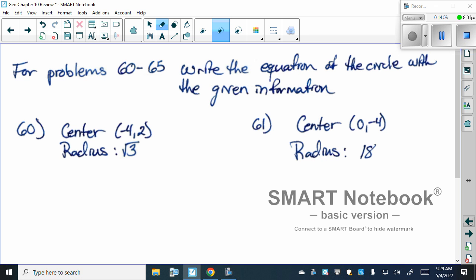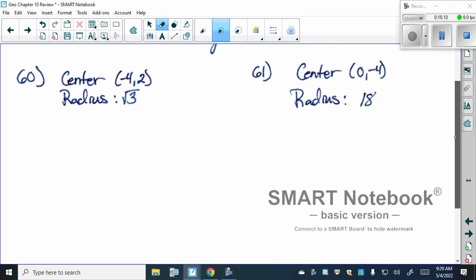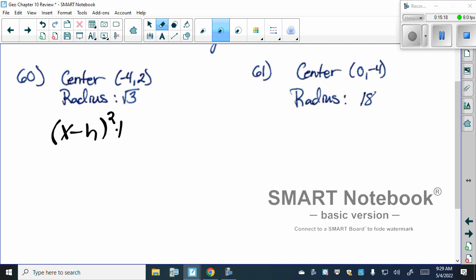So I want to look at this here. So we can look at either one of these here. Which one do we want to look at? 60. So the general equation is x minus h squared plus y minus k squared is equal to the radius squared.